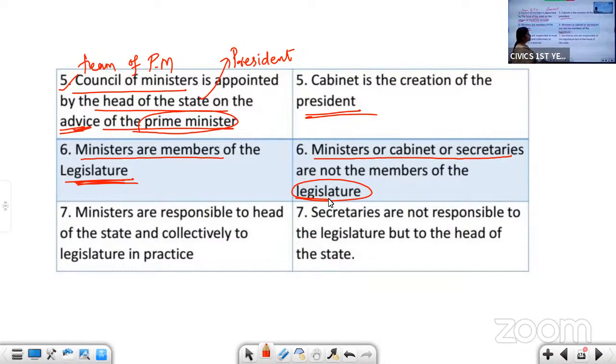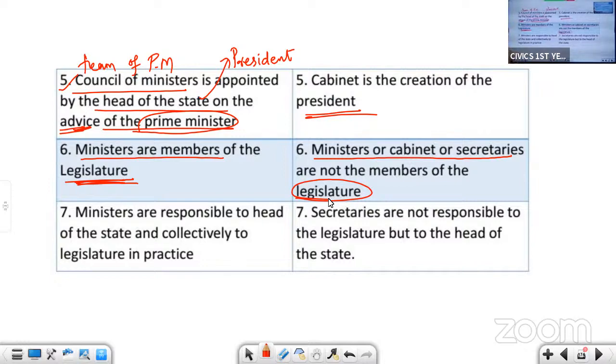Why? Because both legislature and executive are working independently. Remember this point. In parliamentary form of government, executives are part of legislature. In presidential form of government, executives are not the members of the legislature.